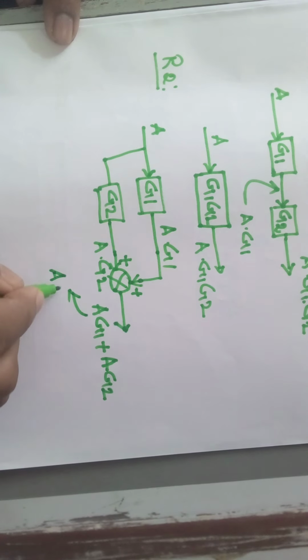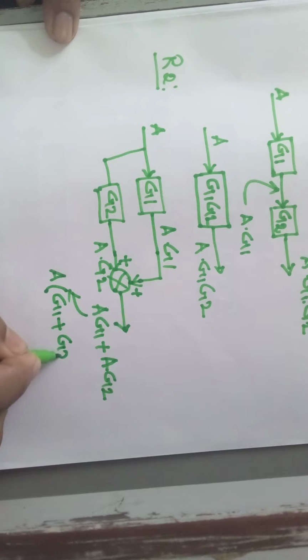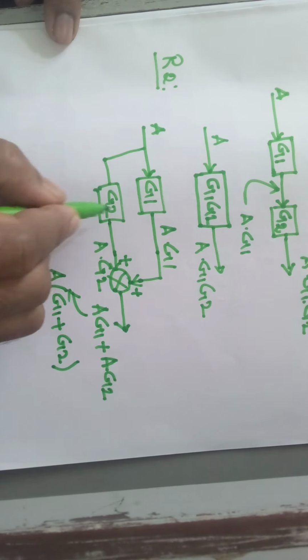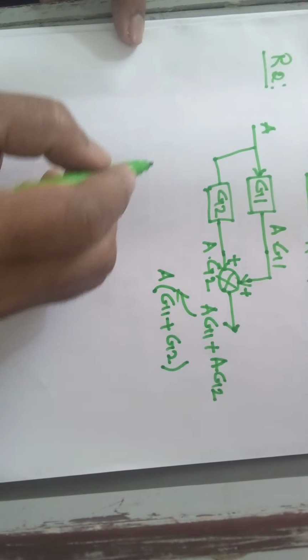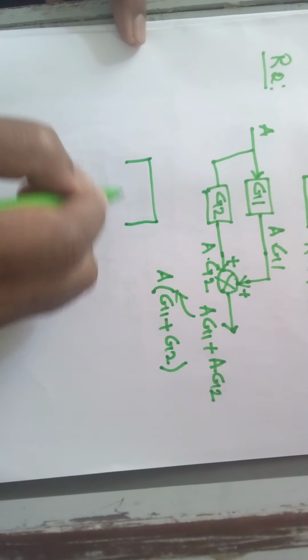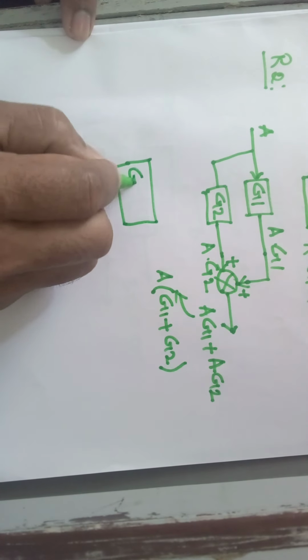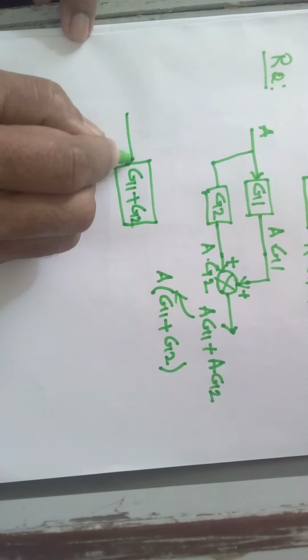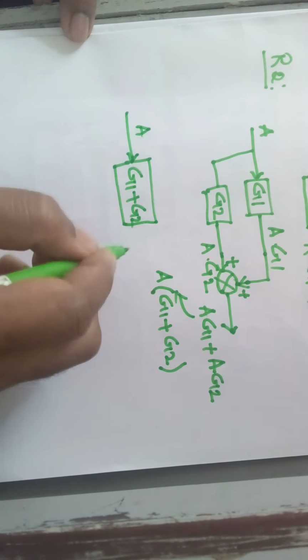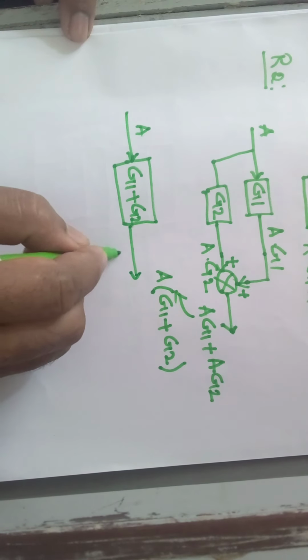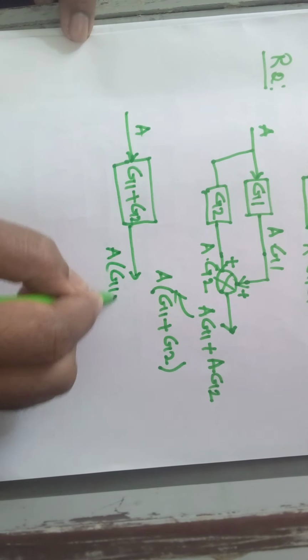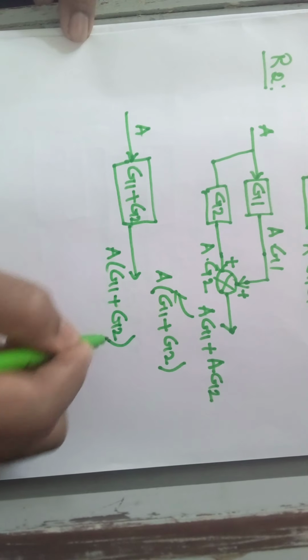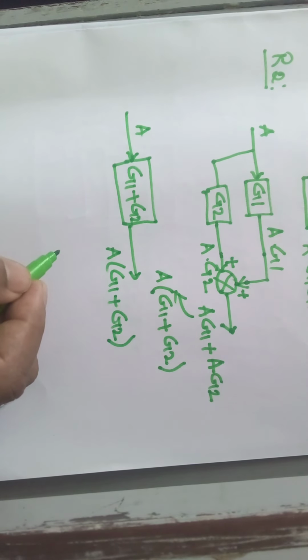We can take A as common and write it as A into G1 plus G2. So instead of these two blocks, we can use a single block with gain G1 plus G2. Now your input is A and the output is A into G1 plus G2. This is the next block diagram reduction rule.